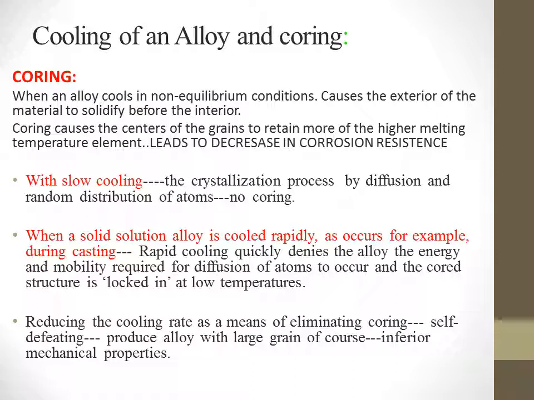Rapid cooling denies the alloy of the energy and mobility required, and that results in coring. And reducing the cooling rate as a means of eliminating coring is self-defeating, as it produces alloys with large grains, and that leads to inferior mechanical properties. So our aim should always be to try to eliminate and prevent coring, and the best way is by allowing slow cooling to occur.